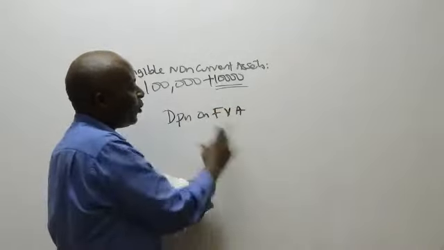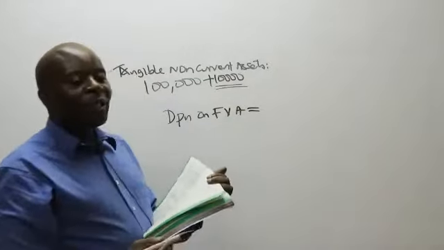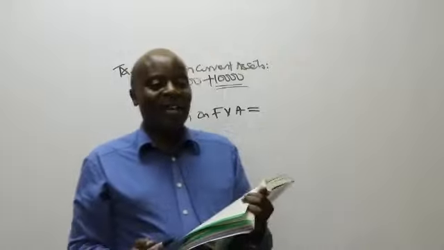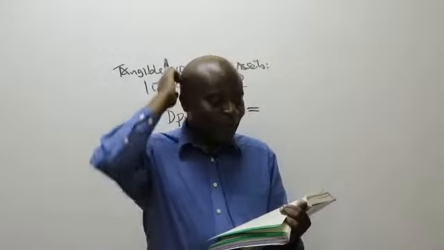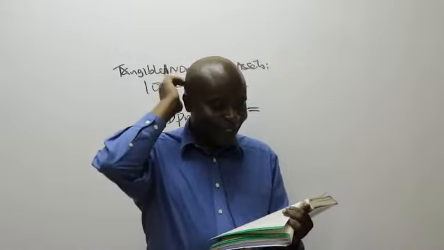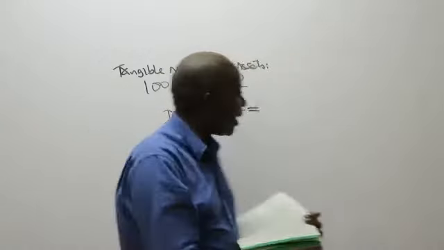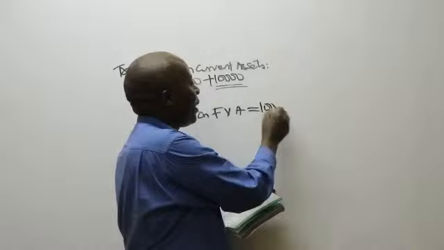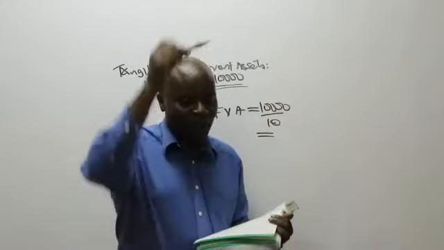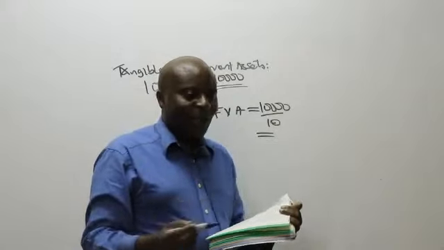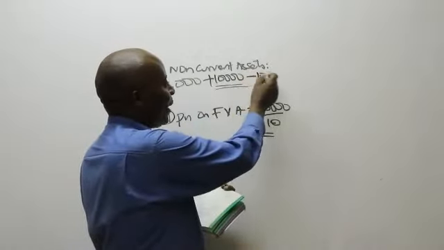Are you able to see the remaining useful life? Yes, 10 years. Remember, ours is straight line depreciation. So I take the 10,000 and divide by 10 years, which gives 1,000. These are reductions in value, so I say minus 1,000.